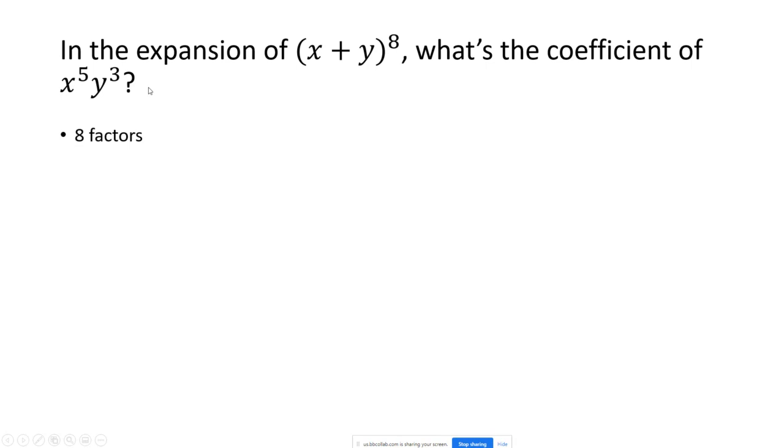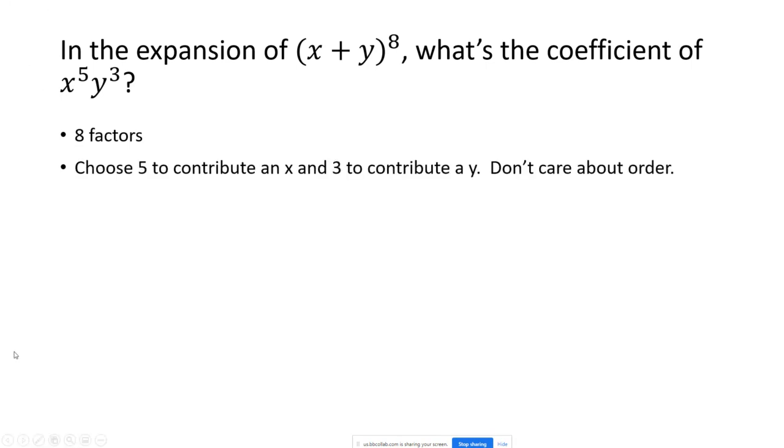Well, we have a total of 8 factors. And we need to choose 5 of them to contribute an x, and 3 of them to contribute a y. And we don't care about the order. Using that information, try to solve this problem.